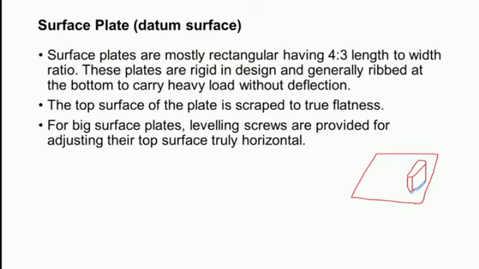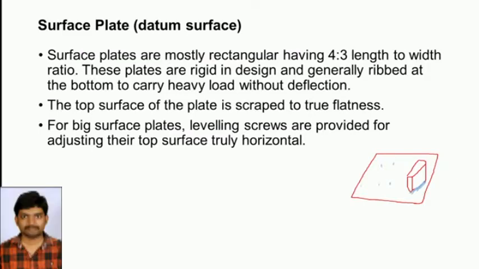Prussian blue can be applied to this knife edge, and then the straight edge is moved along the surface of the surface plate. Wherever there are top peak points, Prussian blue gets added to the peaks, and then those peaks can be removed by scraping operations. Like this, we should scrape the surface so that it is made very flat.